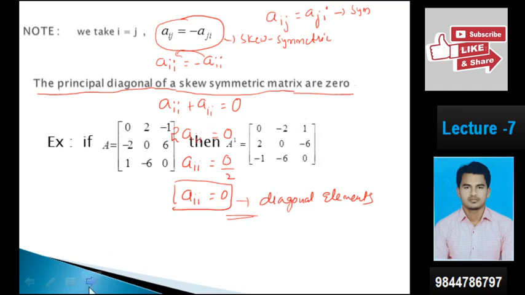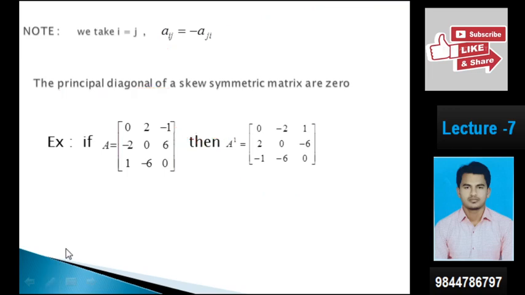This is the example. See here, is it skew symmetric? Just do this. First of all, A transpose. See, this is my A transpose. Comparing this matrix with A, there is a minus sign.